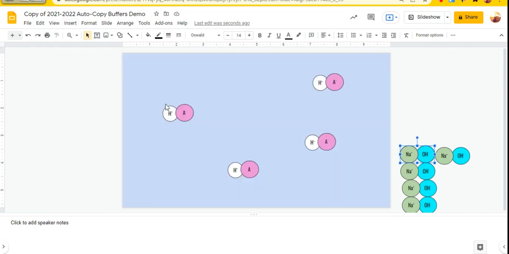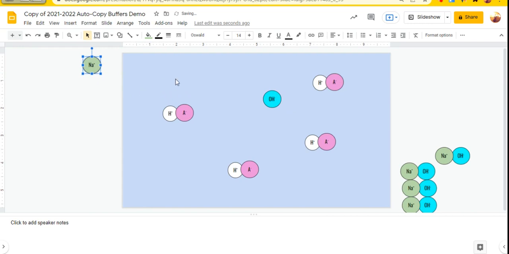So if I have 4 HA molecules, I need 4 NaOHs to completely use them up in order to reach my equivalence point. But that's something that you don't normally get to see, or you're not privy to, before you do the titration. And so what you're doing is you're adding, in this case, the strong base to your weak acid solution.